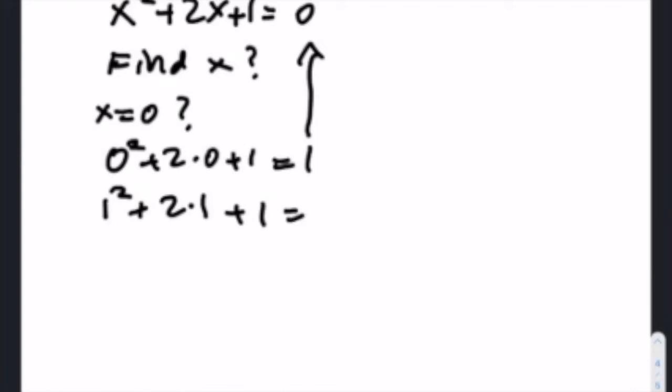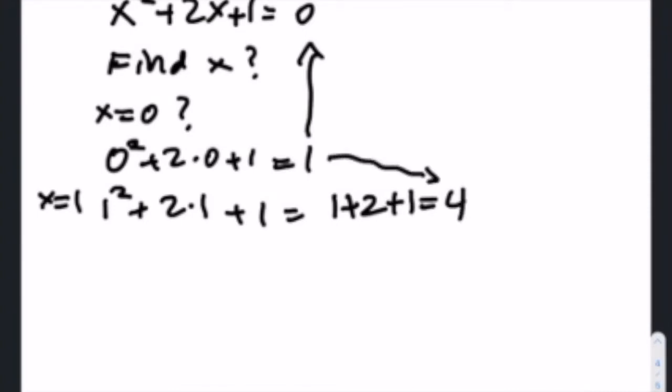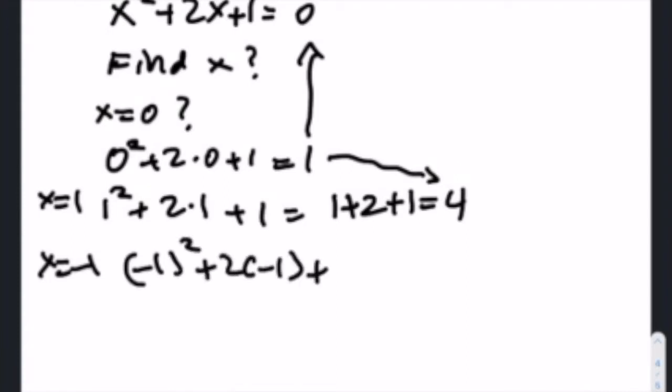I'm just putting in 1 for x. So this is 1 plus 2 plus 1, and that's 4. So it looks like we're getting farther away from 0. We went from 0 to 1, then from 1 to 4, so as we increase, the expression gets bigger. Let's try going backwards. Let's try x equals negative 1. Then we get negative 1 squared plus 2 times negative 1 plus 1. Negative 1 squared is 1, 2 times negative 1 is minus 2, and then plus 1, and this all equals 0. So we see that x equals negative 1 is one solution.